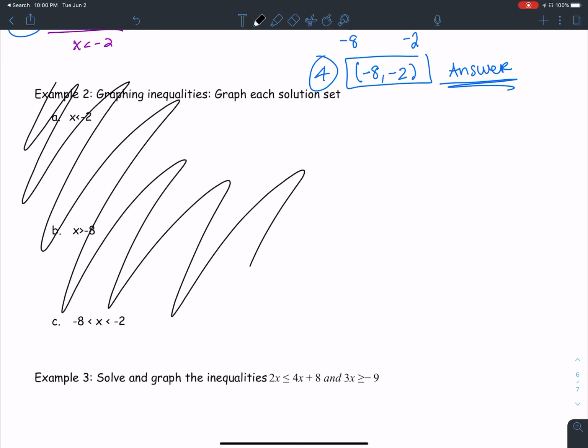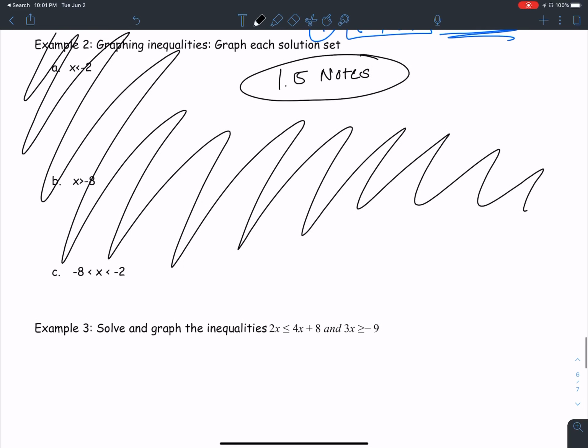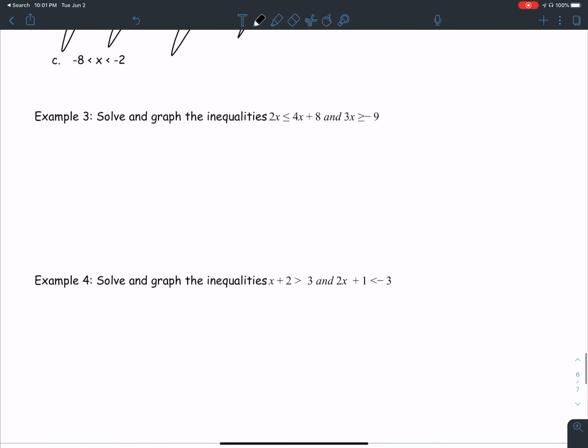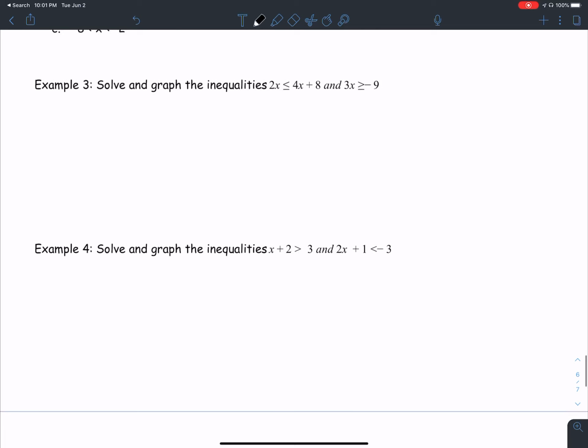We do not need to do this because we graphed in our last set of notes, so just make sure you've watched the 1.5 notes. We graphed a lot, so I think this was just a review on graphing. This was meant to go here to help you. It's all good. I should know how I write my notes.